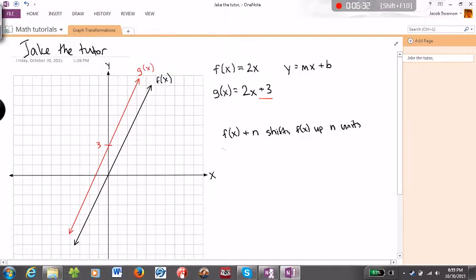On the other hand, if we have some function f of x and we subtract n units from it, this shifts the function down n units. Alright, so that's the general statement.